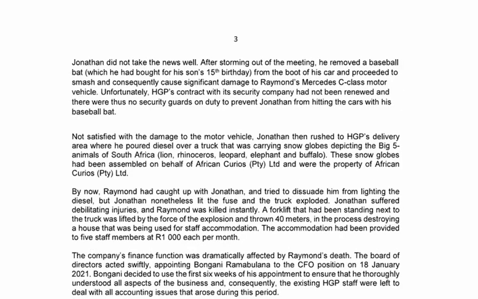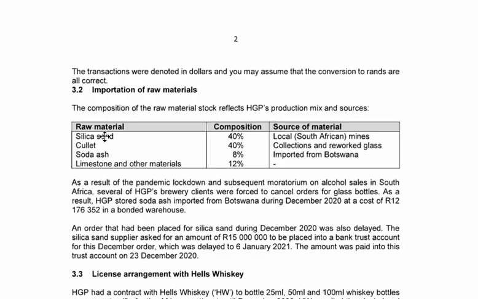Okay, so let's have a look at the question itself. We've got silica sand. So it says, as a result of the pandemic lockdown, the subsequent moratorium on alcohol sales in South Africa, several of HGP's brewery clients are forced to cancel orders for glass bottles. As a result, HGP stored soda ash imported from Botswana at a cost of that in a bonded warehouse.